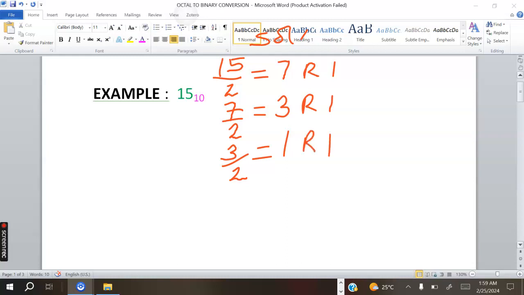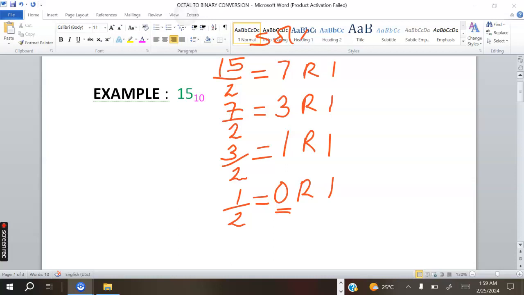Then lastly, we have 1 divided by 2, and the answer is 0 remainder 1. So after you get the quotient 0, which is the last part, this is the quotient, the one that I've highlighted.